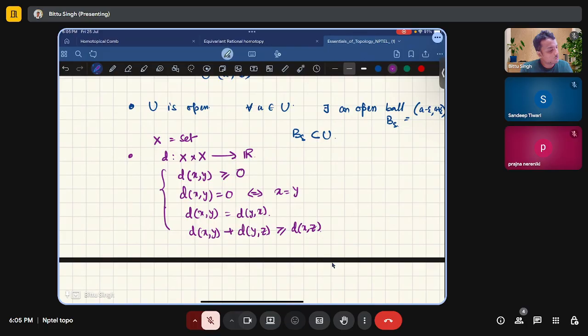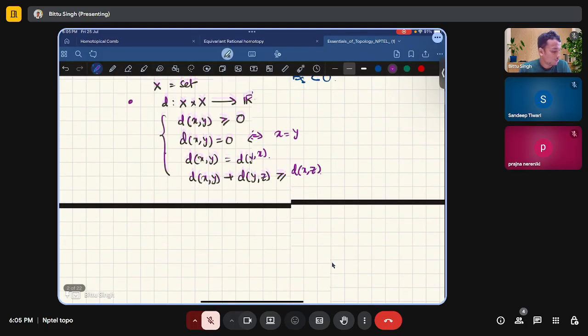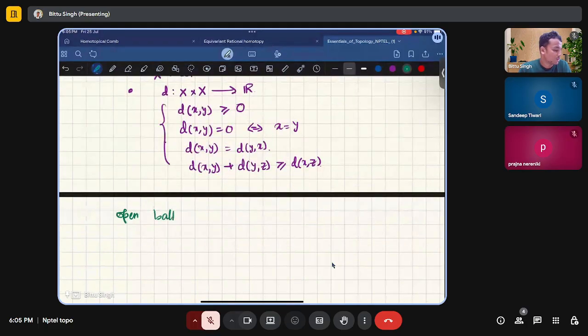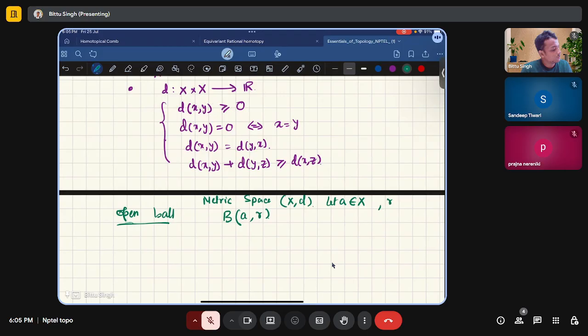We take a metric space X comma d, let a be a point of this space X, and r be any non-zero real number.